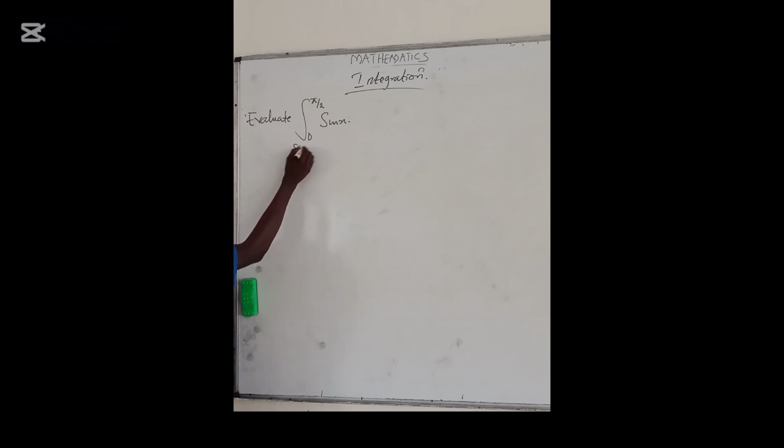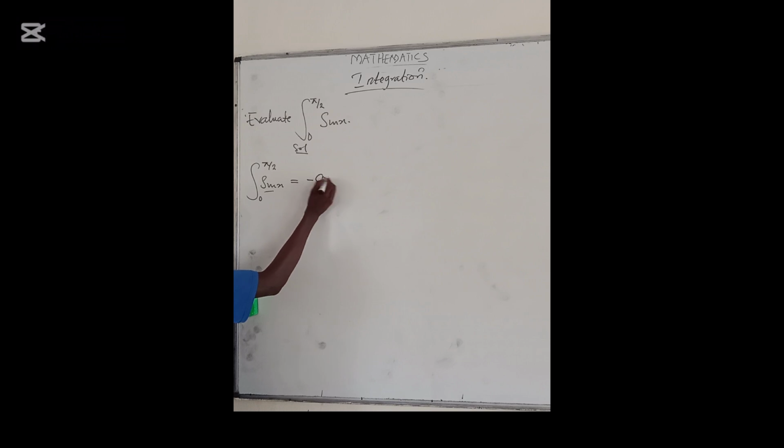With the solution, you are going to have the integral from 0 to pi over 2 of sine s. If you integrate sine s, you are going to have minus cos s, with limit 0 and pi over 2.